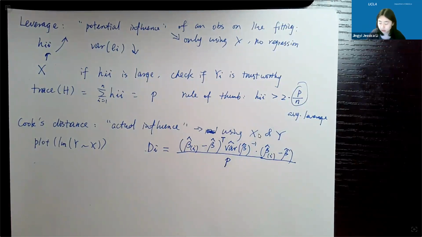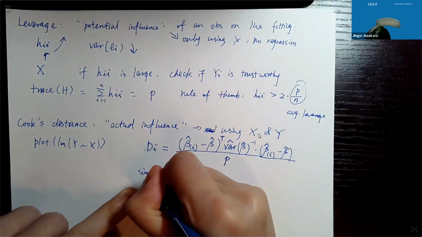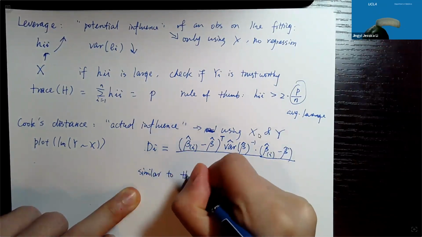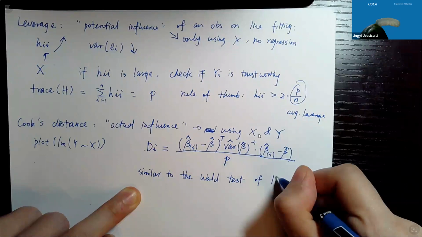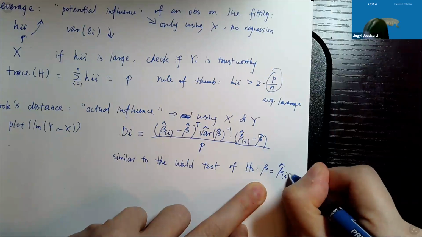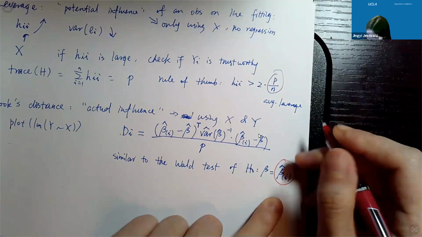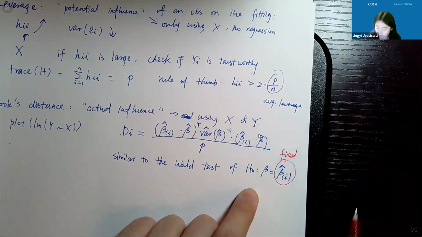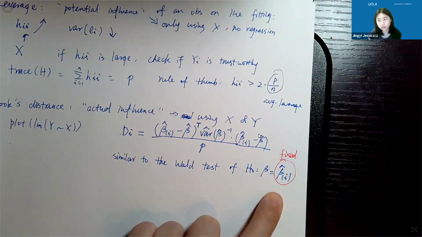That's the Cook's distance. So you see, this is like the Wald test statistic. This is very similar to the Wald test of the null hypothesis that beta equals beta hat (i). In other words, we are treating this beta hat (i) to be fixed, right? Because we know in hypothesis testing, we cannot set a hypothesis with a random parameter there.